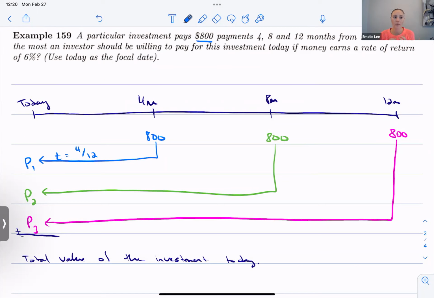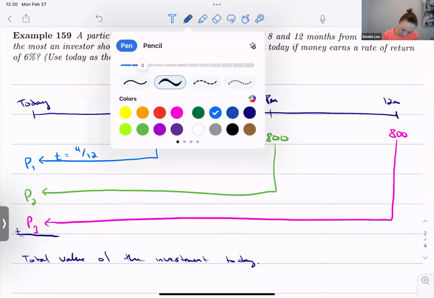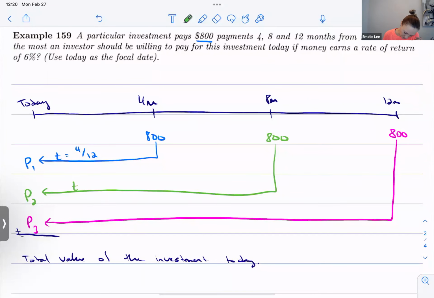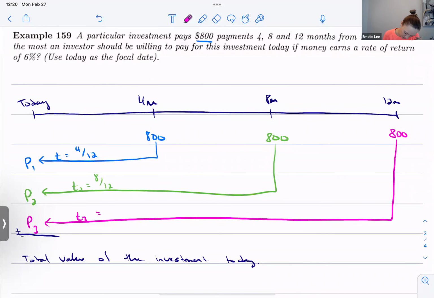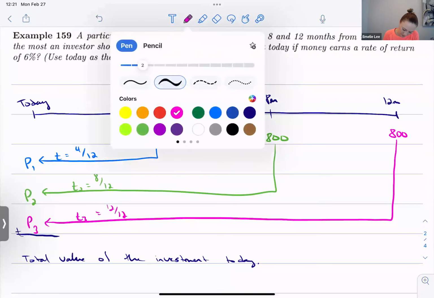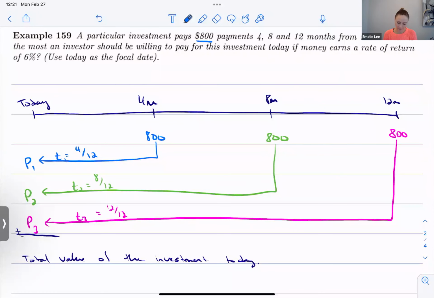So 4 months from now, that's 4/12 of a year. Here, T2 is 8/12, and T3 is 12/12, which is 1. But I'm going to leave it as 12/12 just for symmetry. I'm going to put a little subscript there.